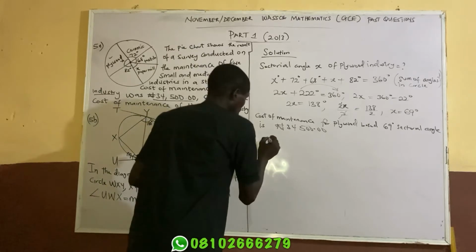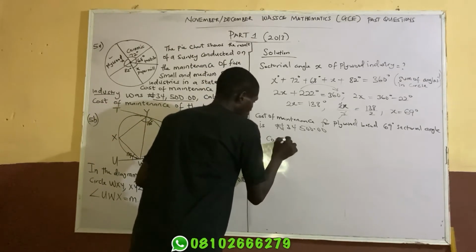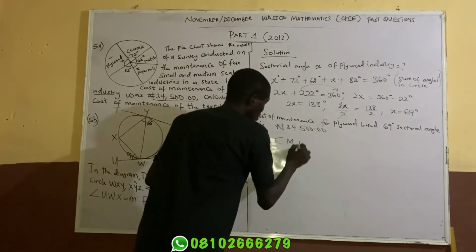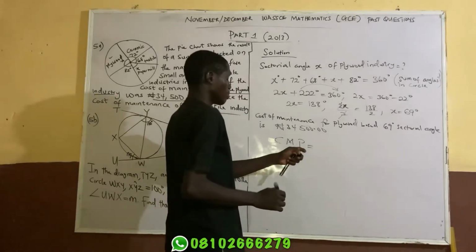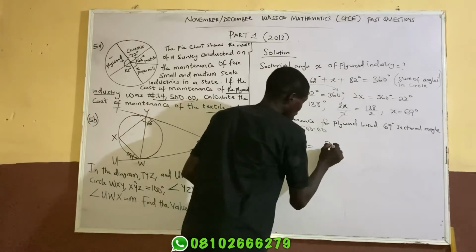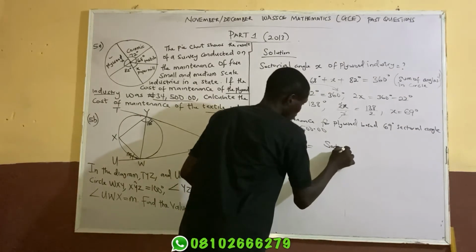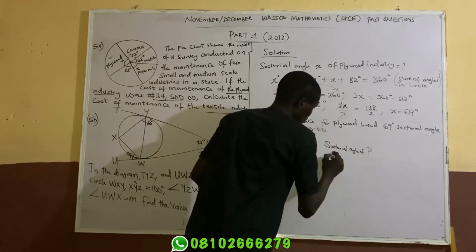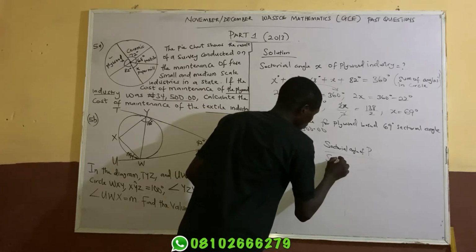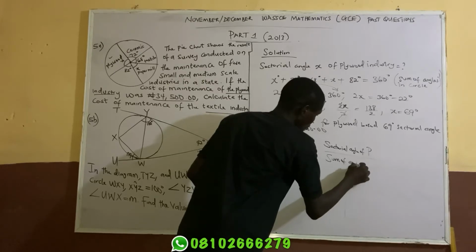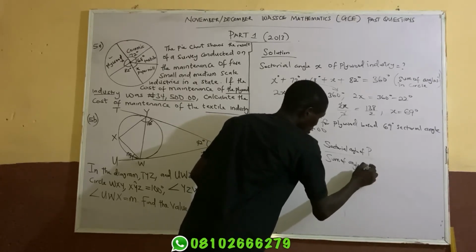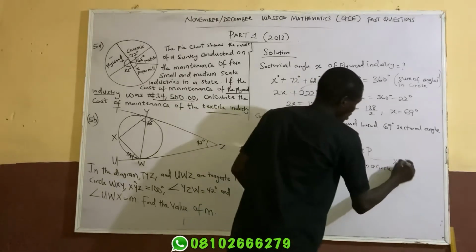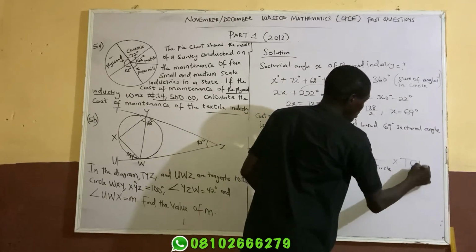We said that the cost of maintenance of the plywood industry is equal to the sectorial angle of plywood all over the sum of angles in a circle, times the total cost of maintenance.